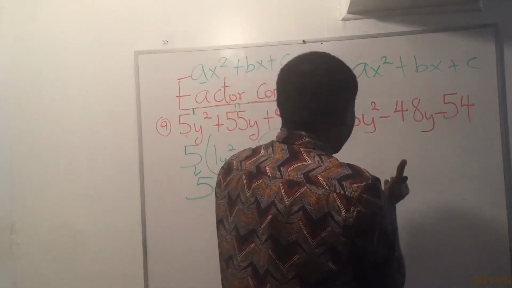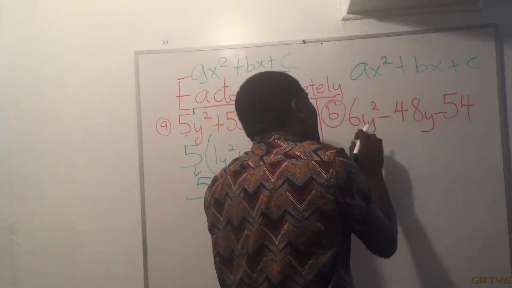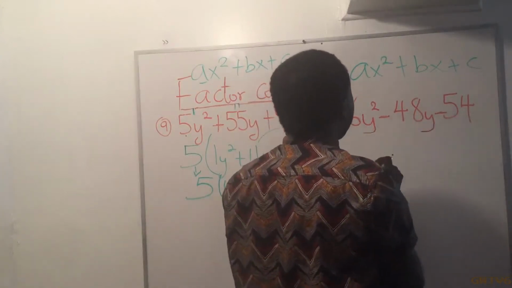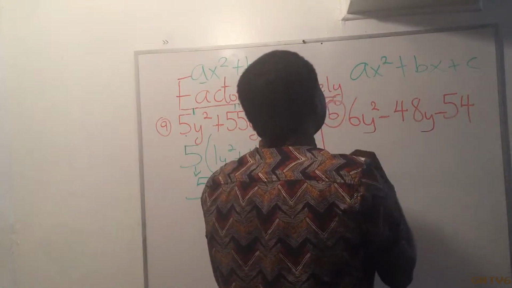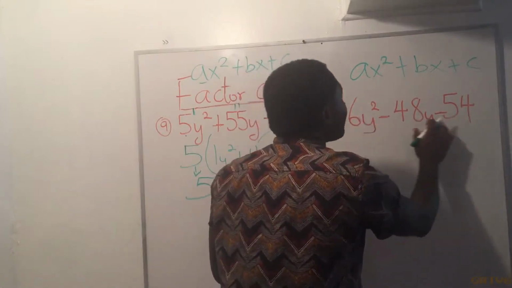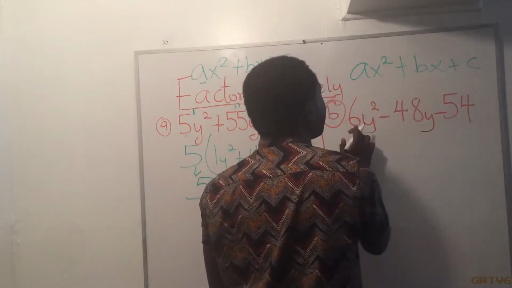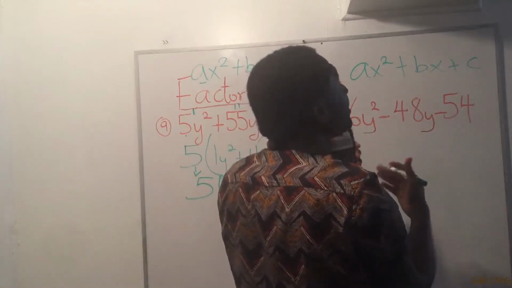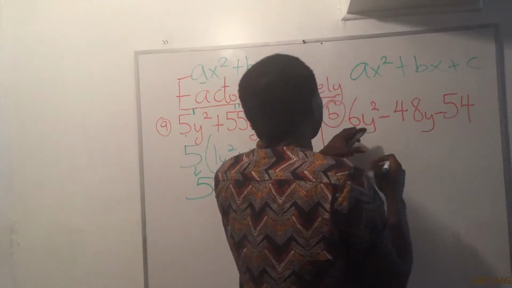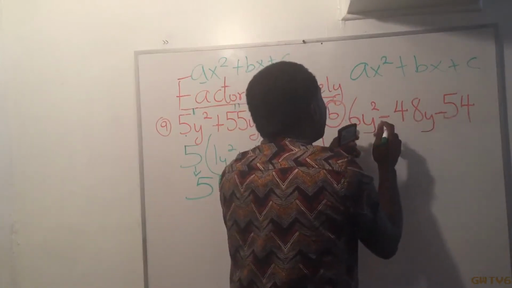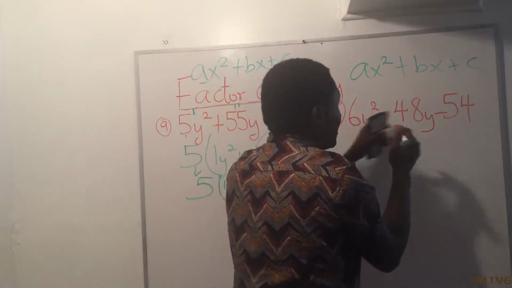So again, I'm going to look for the biggest number that can divide into 6, 48, and 54. And normally, the lowest number that I see right here can divide into each one of these. So I'm going to try 6. If it doesn't work, then I'll try different numbers and see which one works. But normally the lowest number here will be the biggest number that will divide into each one of these. So I'm going to try 6, which is the lowest here.